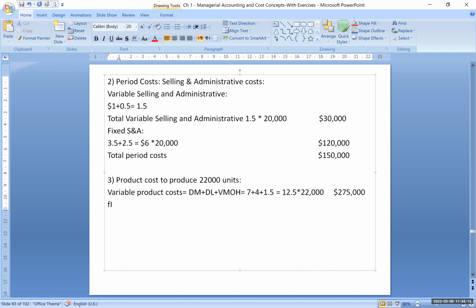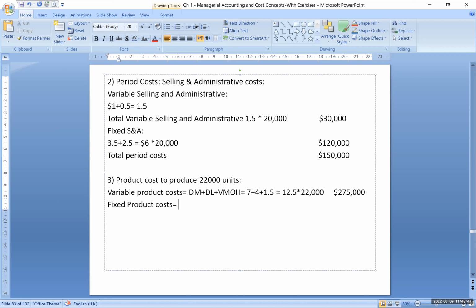What about the fixed product costs, between brackets also manufacturing costs? Remember that we have to pay fixed cost depending on the 20,000 units. We are paying fixed cost depending on the 20,000 units, okay?